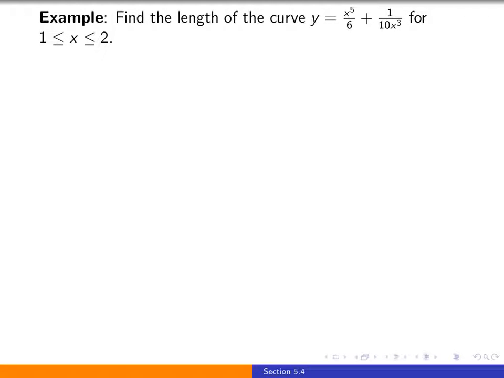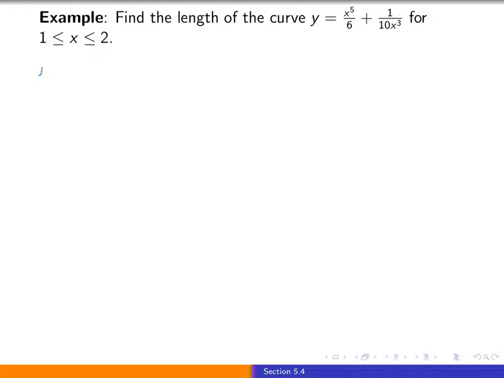So let's find the length of the curve given by x to the fifth over 6 plus 1 over 10x cubed for x values between 1 and 2. So let's just start by writing down our function f, its derivative, and its formula when it's squared.